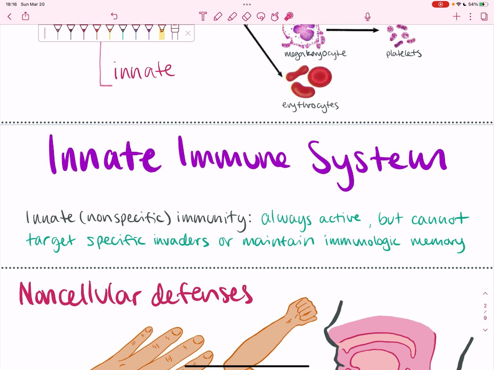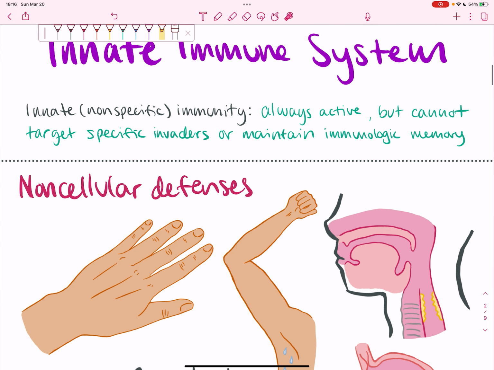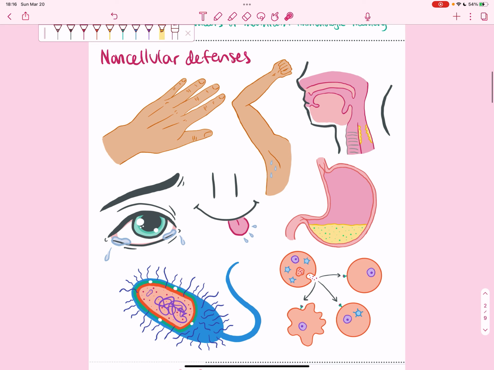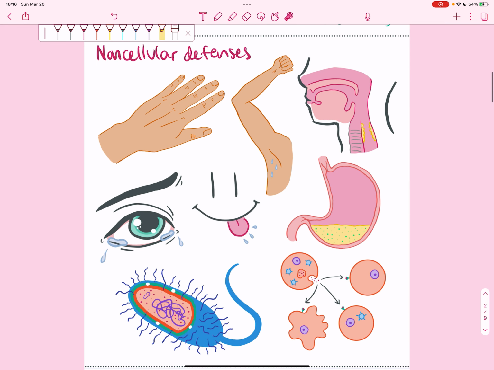So within the innate immune system, many of the non-specific defenses are also non-cellular. I have made many drawings here of non-cellular defenses, and we'll just go through them. Here I drew a whole hand, I don't know why, to depict skin.